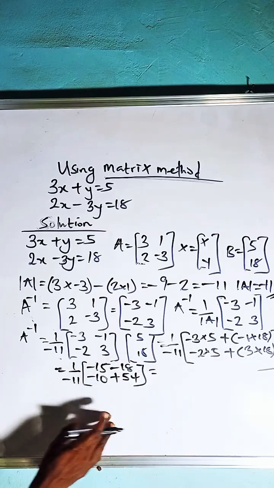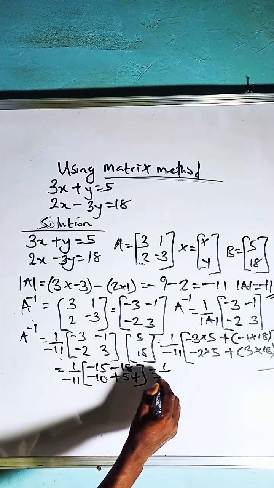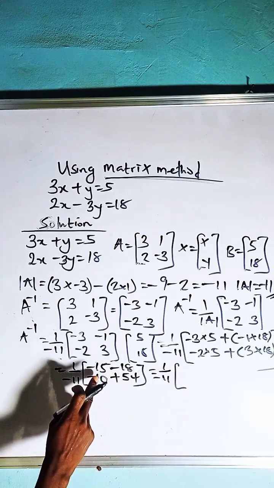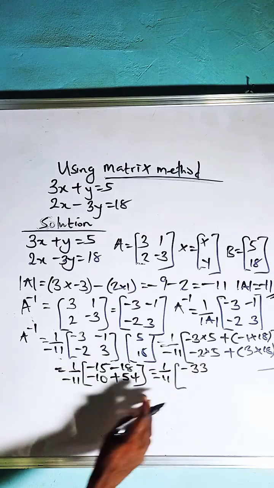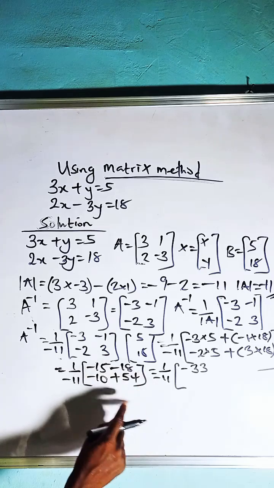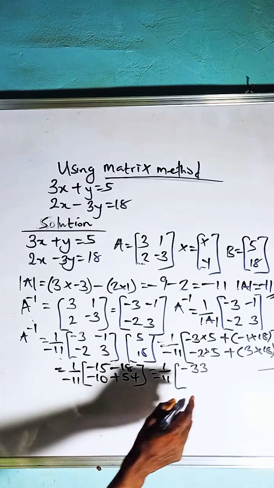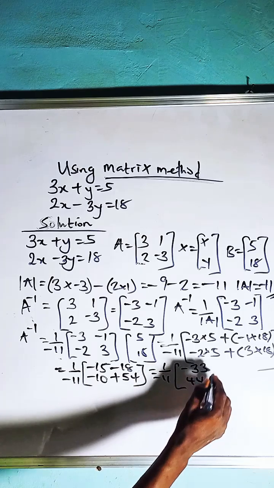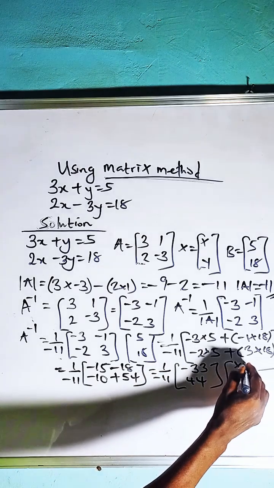When we work this out, we have 1 over minus 11. Minus 15 minus 18 is minus 33. Minus 10 plus 54, taking 10 away from 54, we have 44. So we have to work out x and the value of y.